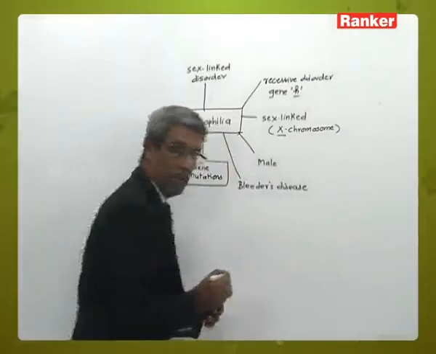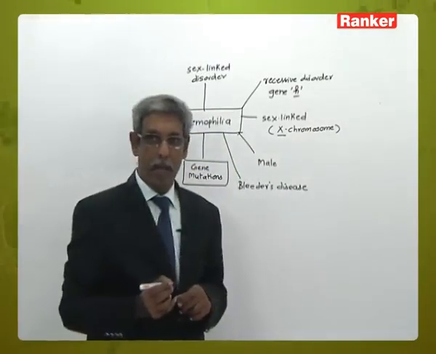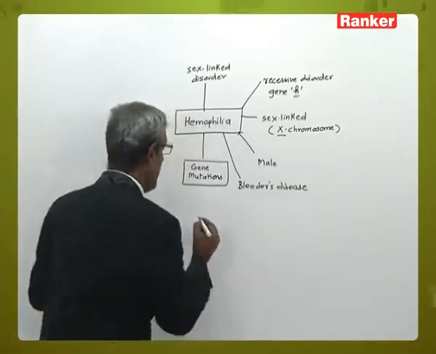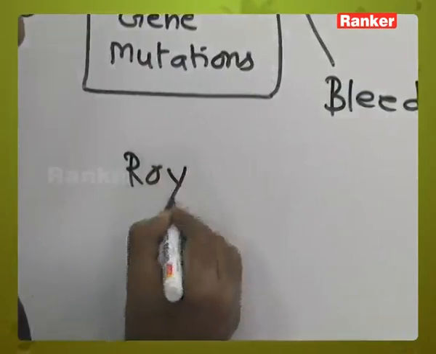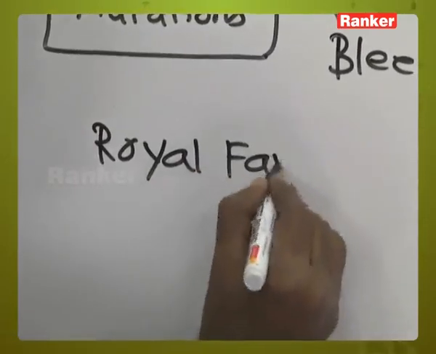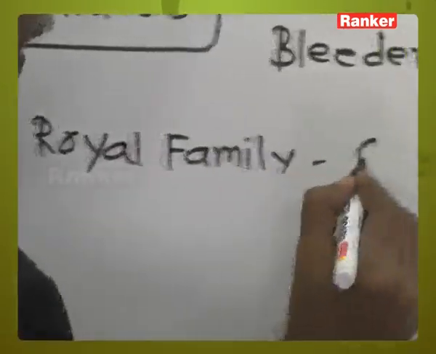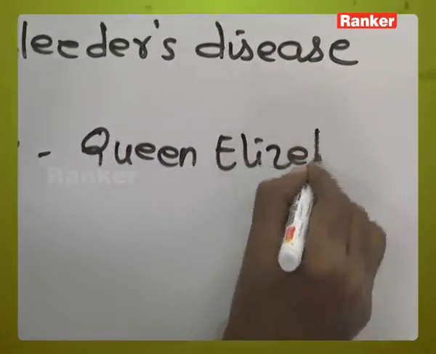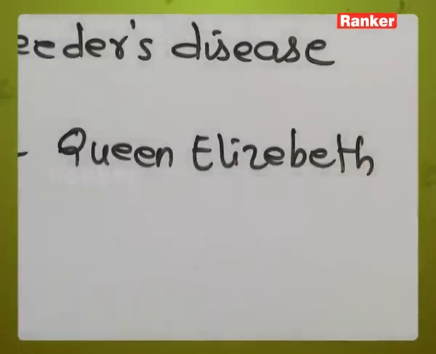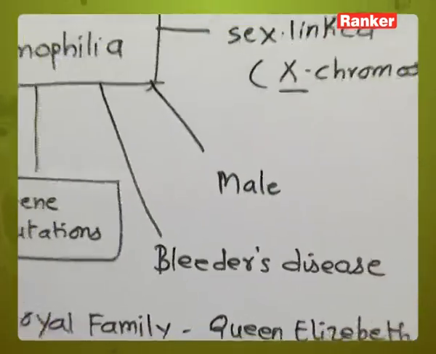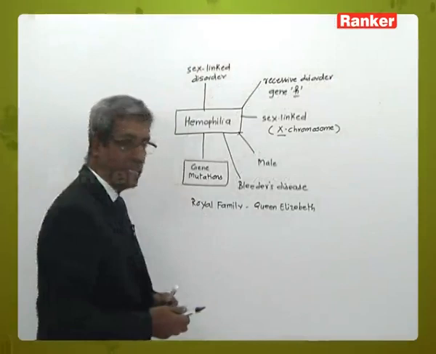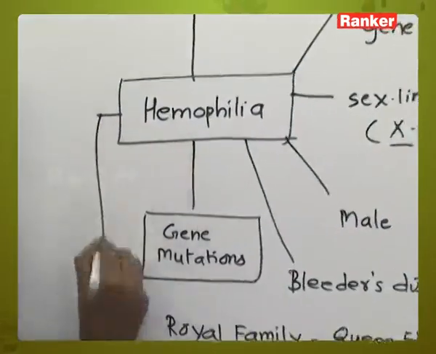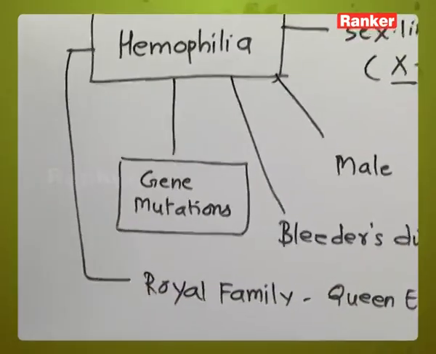It is termed a bleeder's disease, and it is one of the diseases which occurred in the royal family of Queen Elizabeth. The children of Queen Elizabeth primarily inherited the pattern of the disease termed hemophilia.